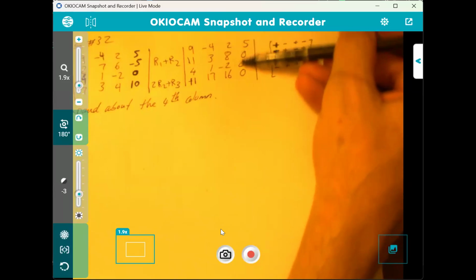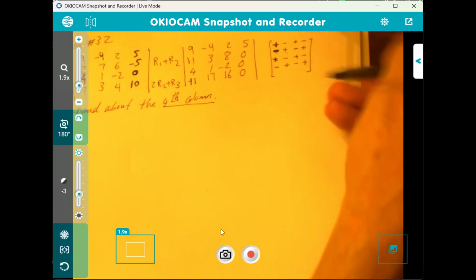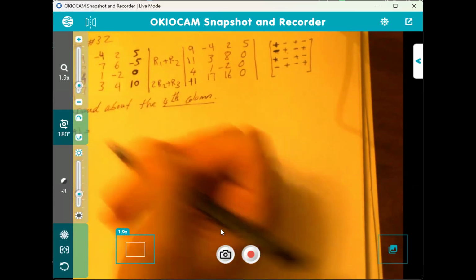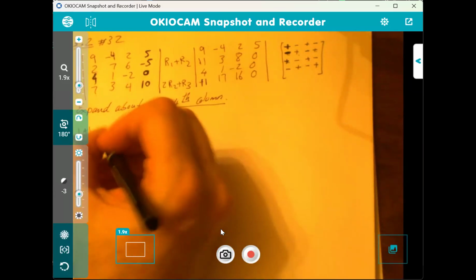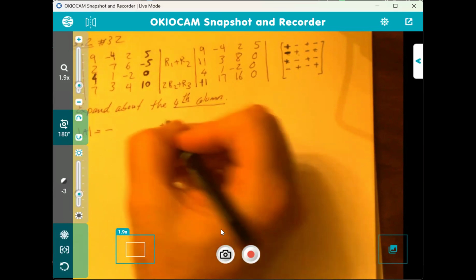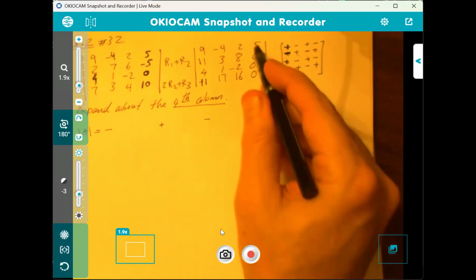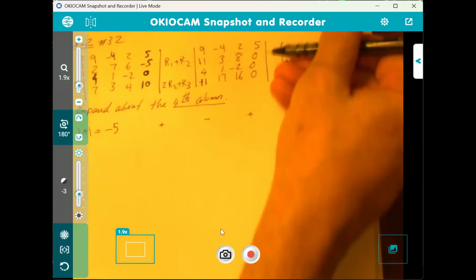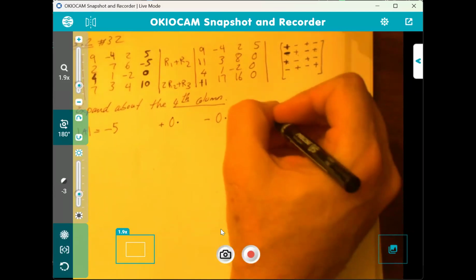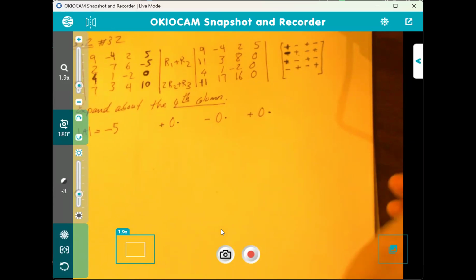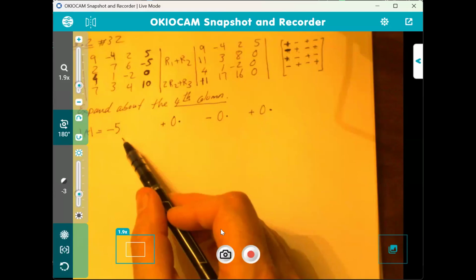We are expanding about the fourth column. The determinant of A is, the signs are negative, positive, negative, positive. The elements are 5, 0, 0, 0, correct? Now, remember, each of these elements is multiplied by their minors.